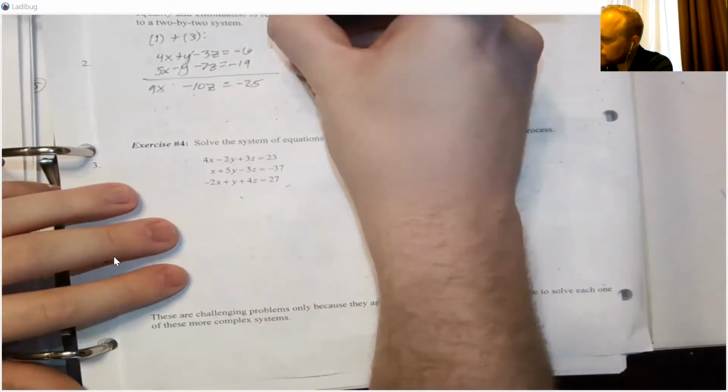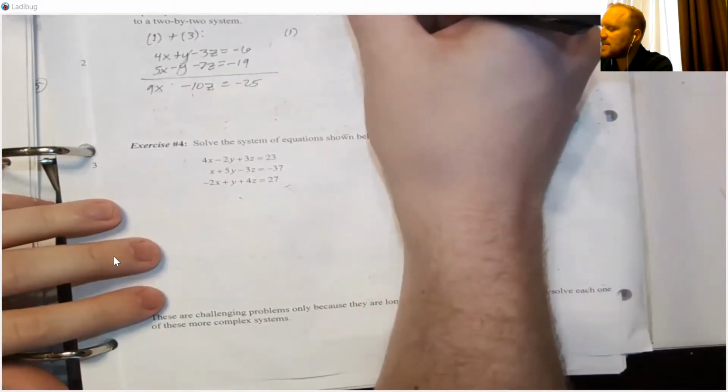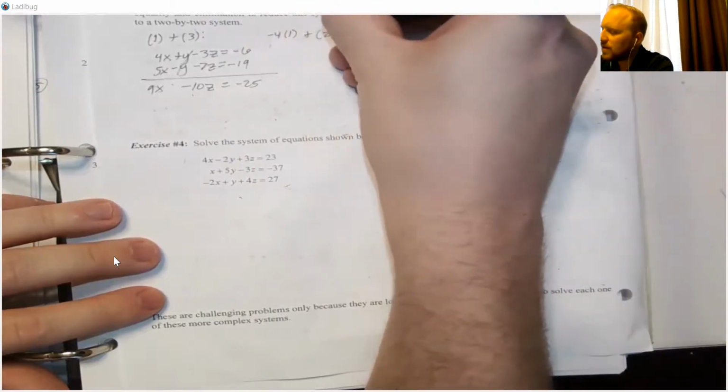So if I look here, I'm going to take 1. And I want to eliminate my y's. So I'm going to take the first one and the second one, but I'm going to multiply the first one by -4. And then I'm going to add that to the second one. Okay?